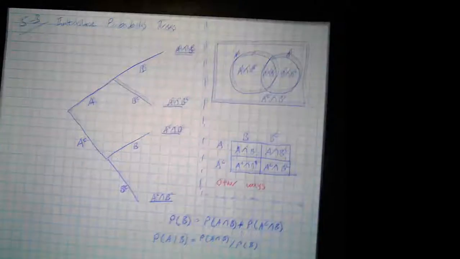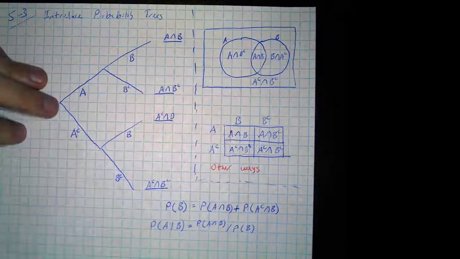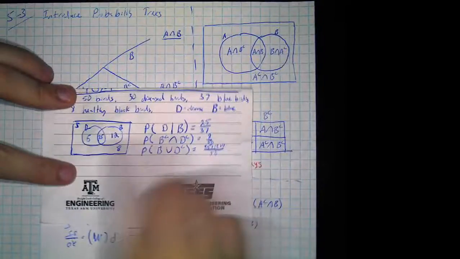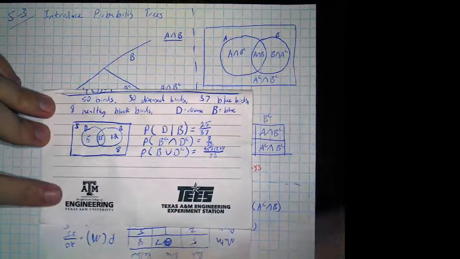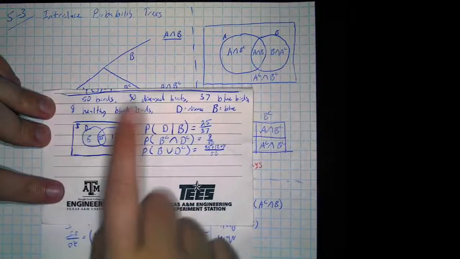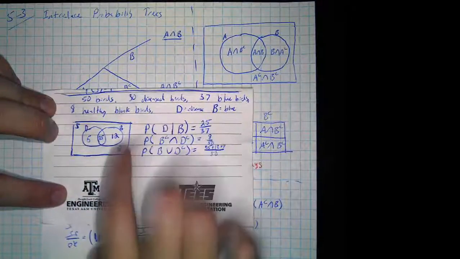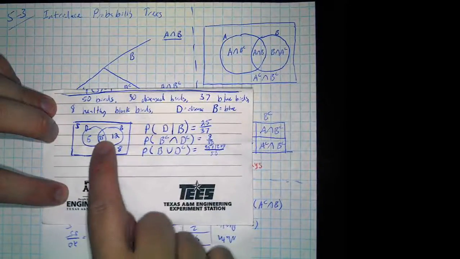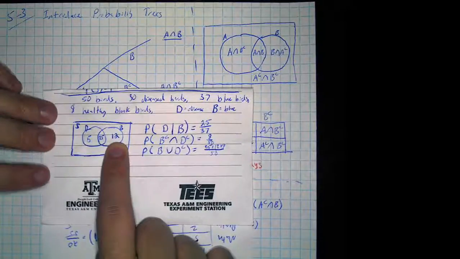Okay, so like the probability of D given B, right? So these were the disease birds and blue birds, and so we have a Venn diagram. D is disease, B's blue. So the probability that you're a disease bird, given that you're blue, is 25 over 37, right? Are y'all with me so far?